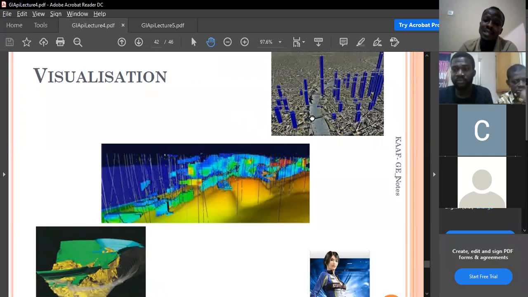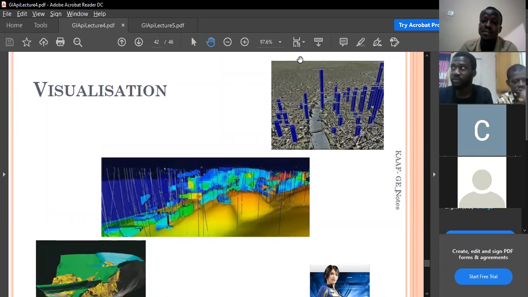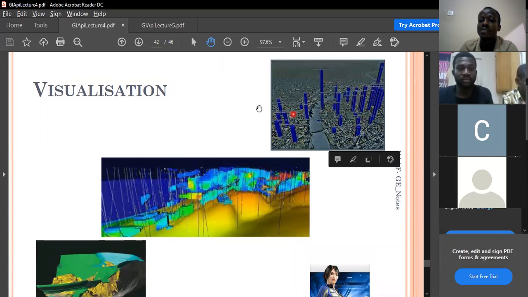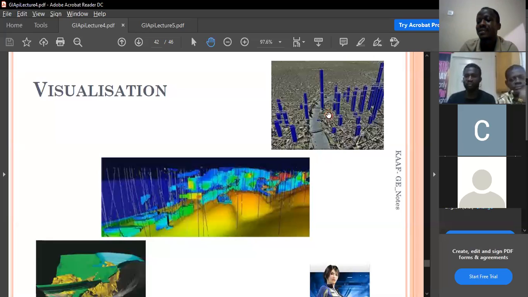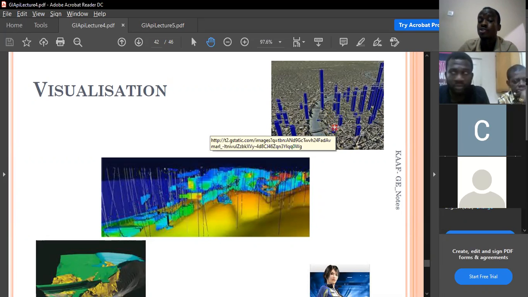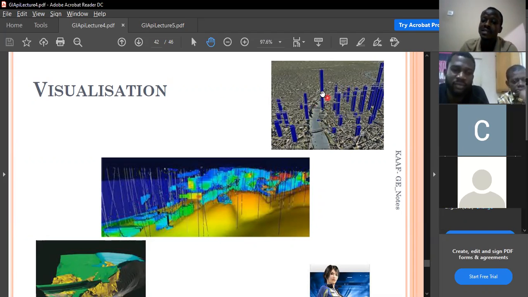So what you are seeing here on the top right is visualizing, let me say, average income per household, and then you are extruding the property. Extruding means you are kind of stretching it. It's easier to make a presentation with this than to just do a 2D presentation of average income per household.